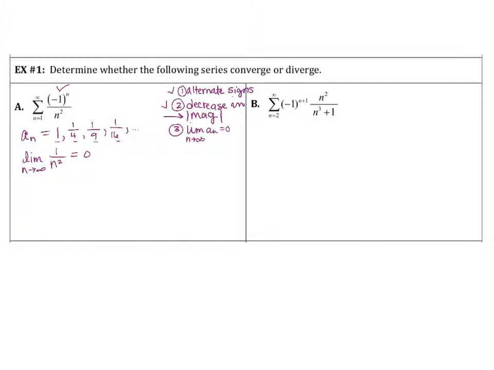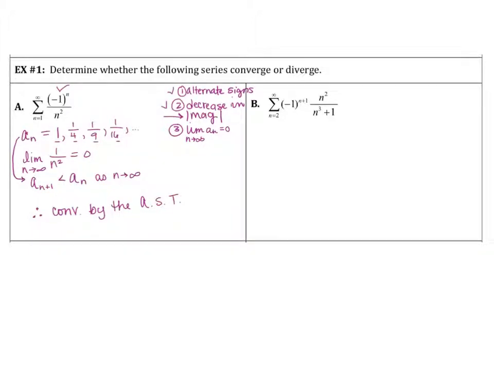We see that we are decreasing, and we should list that as well. So we have our alternating signs, and let's add that the n plus first term is less than the nth term as n approaches infinity. Now we can state, therefore, this converges by the alternating series test.